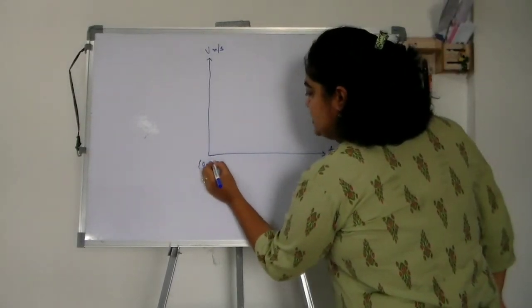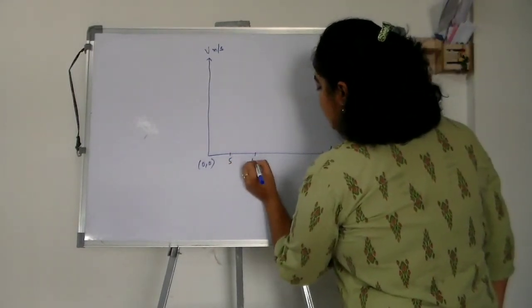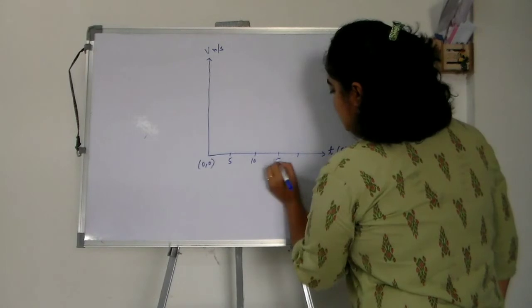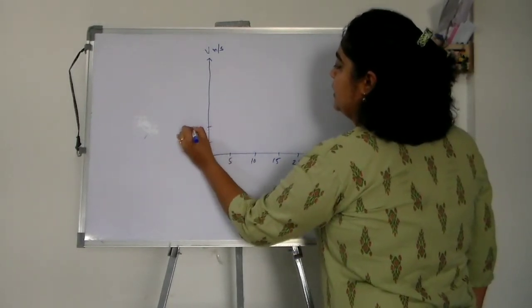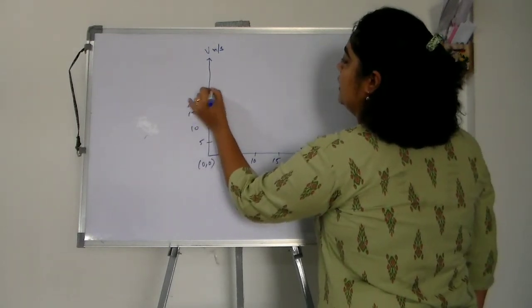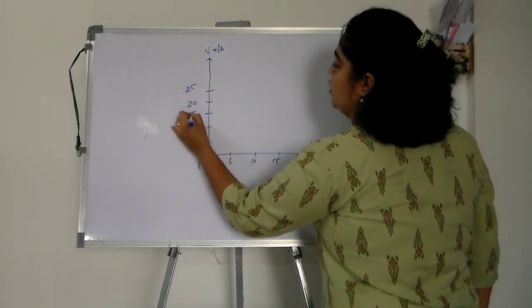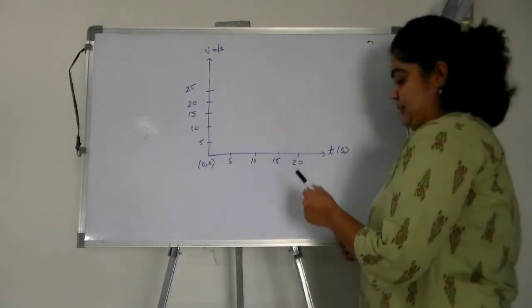Again 0, 0. So this is 5, 10, 15, 20, and again 5, 10, 15, 20, 25, and so on. Now let us see what happens.